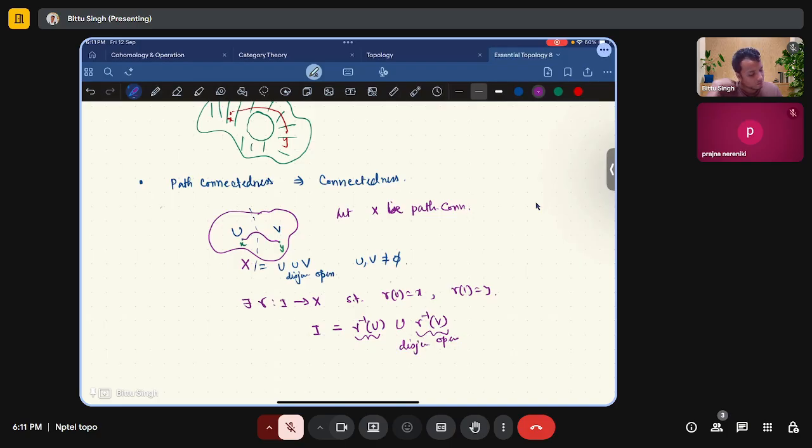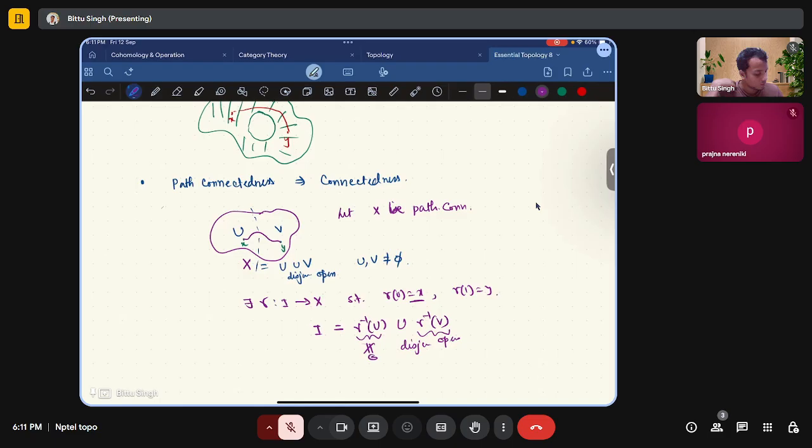We can see U contains the point X and V contains the point Y. Therefore both are non-empty. Gamma inverse U must be non-empty, gamma inverse V must be non-empty. So this is a contradiction because interval is always connected.